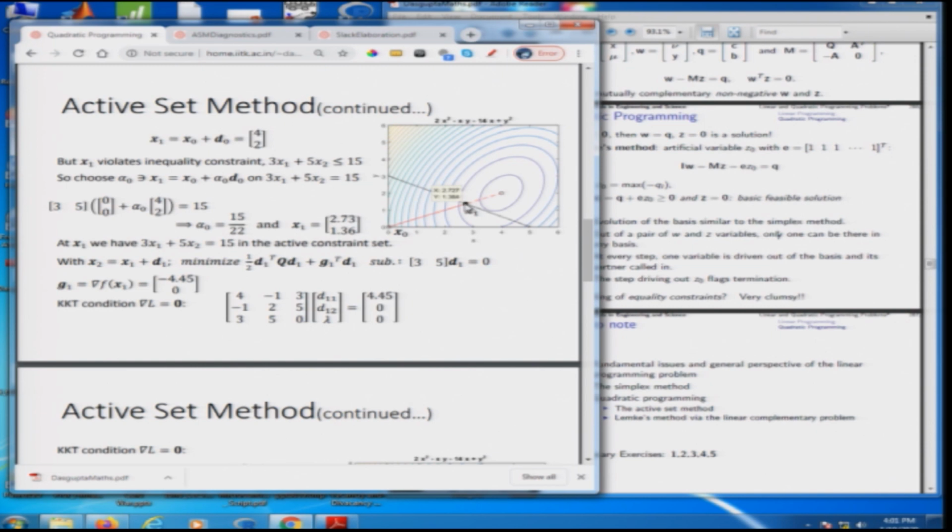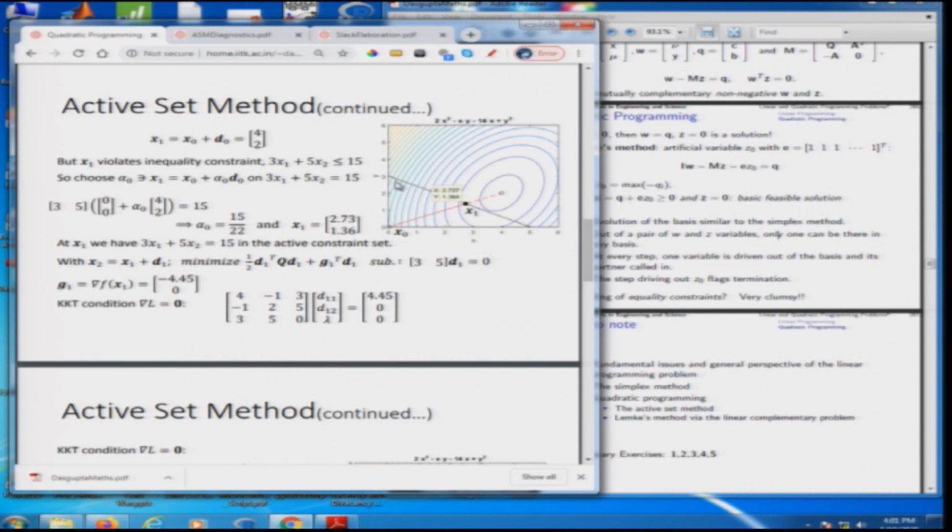So, then you say that now this is our next iterate, and we propose x2 as x1 plus d1, and there when you put this in the objective function and constraint function properly, then you get the task of minimizing this, half d1 transpose Q d1 plus g1 transpose d1 subject to this equal to 0.